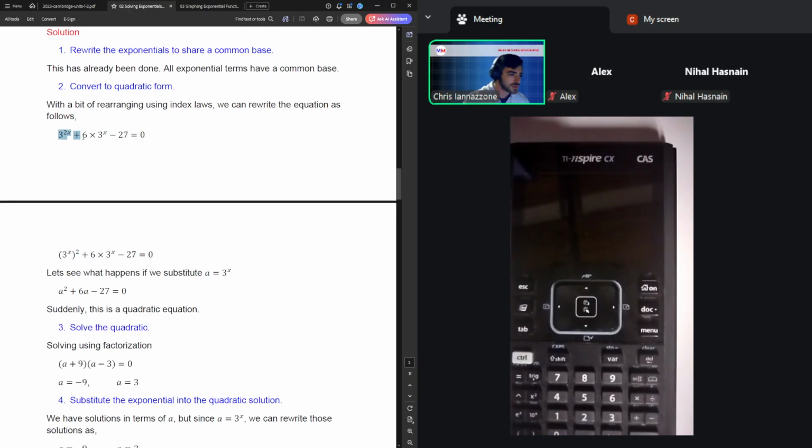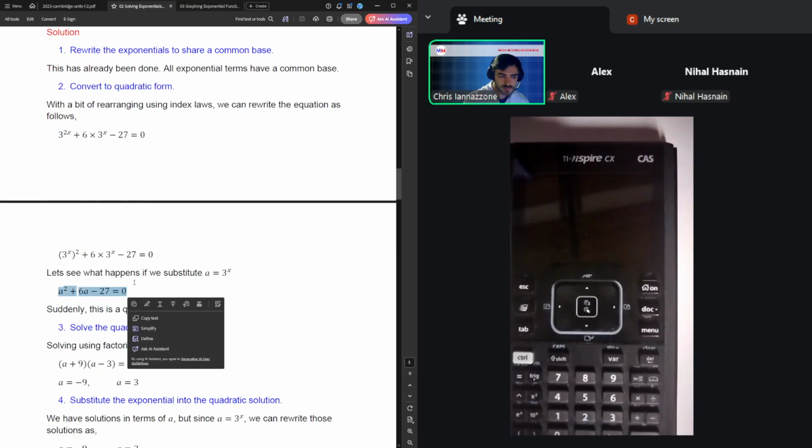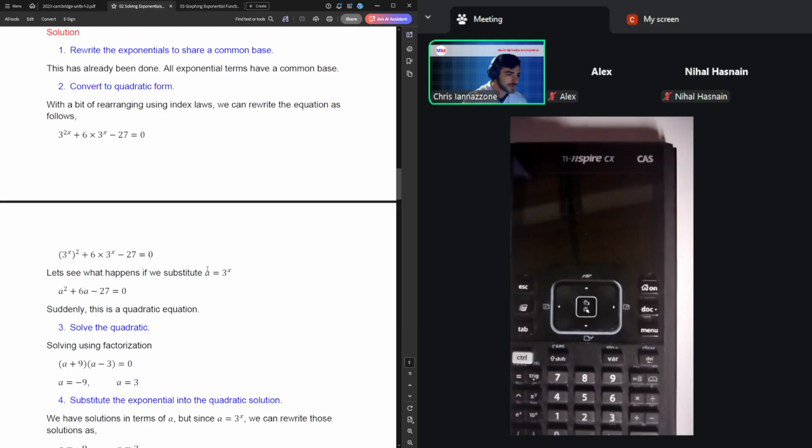When you do that, this equation now suddenly looks like something we know how to solve, and now looks like a quadratic. All we're doing is replacing every instance of 3 to the power of x with a, and because that was 3 to the power of 2x, the a is now squared because it's 2x.